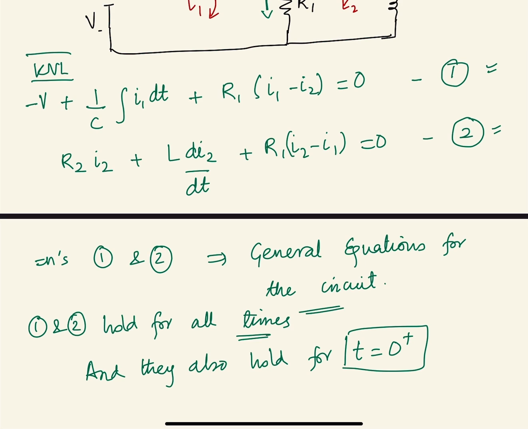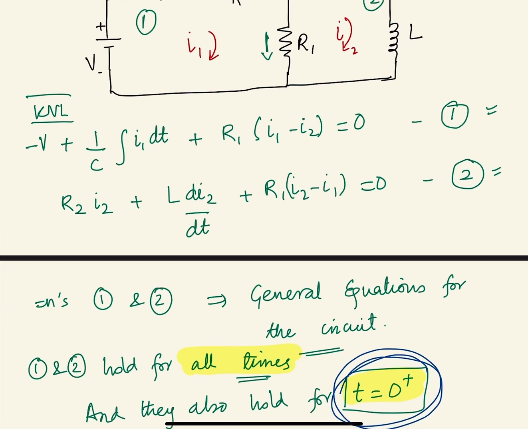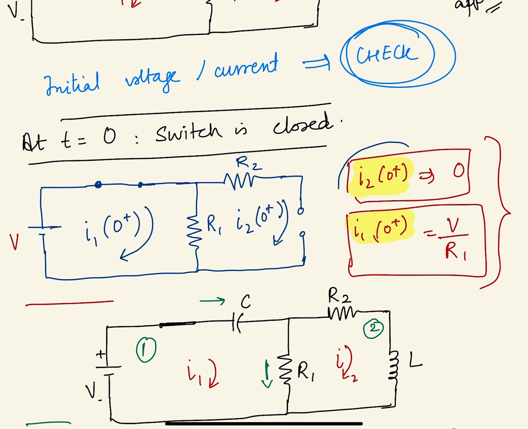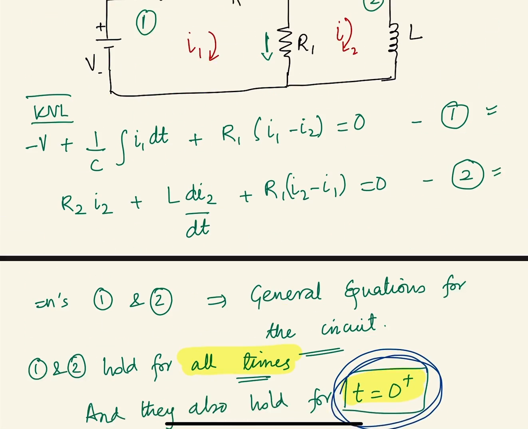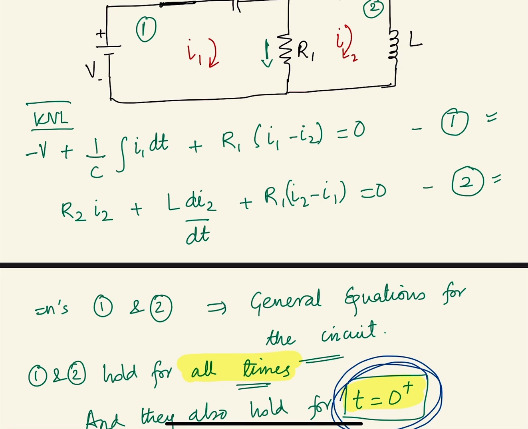When an equation holds for all times, it also holds for this particular time, t equal to 0 plus, which is the time at which we have calculated these two values over here. So using these two equations, we should be able to show that these hold.